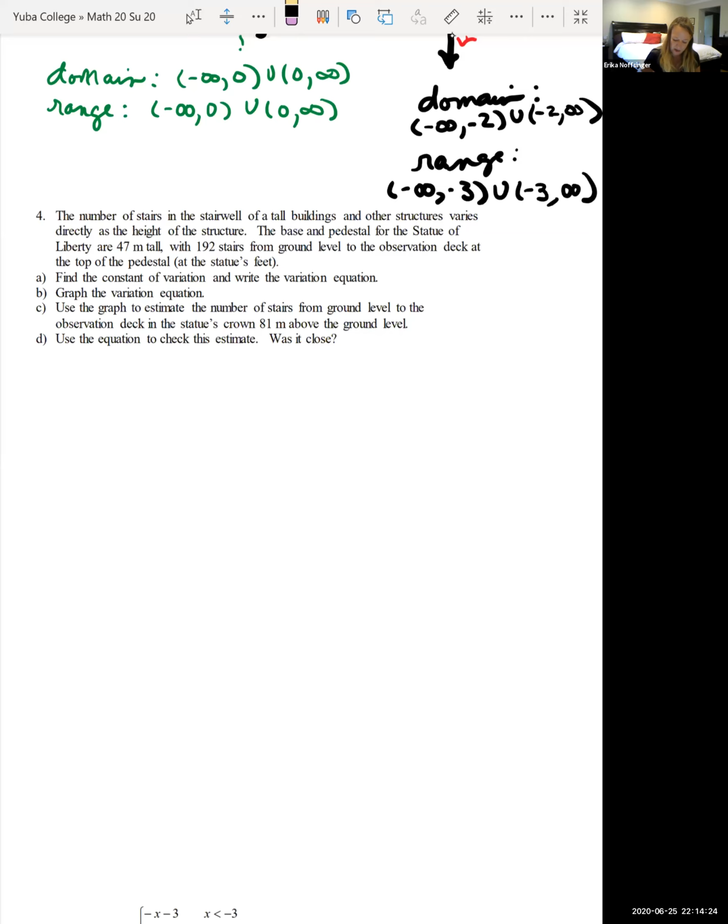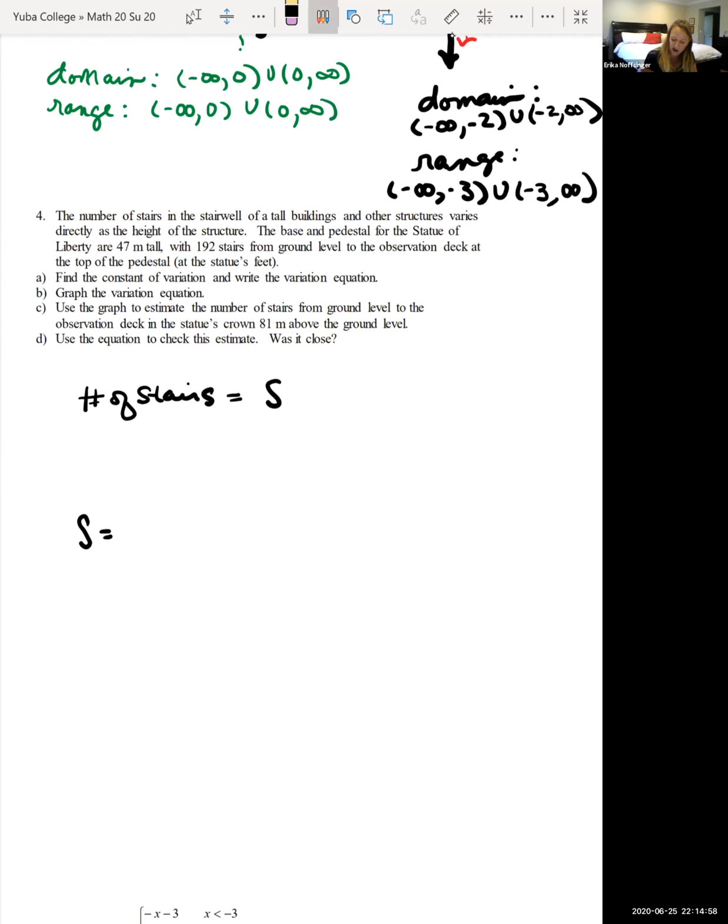Okay, so we want to go back and pick this out. It says the number of stairs in a stairwell of a tall building and other structures varies directly with the height of the structure. Okay, so the number of stairs, maybe let's call this S. So S, number of stairs, varies directly.